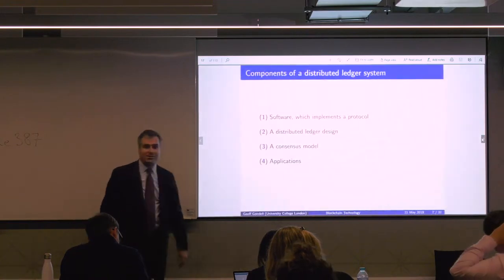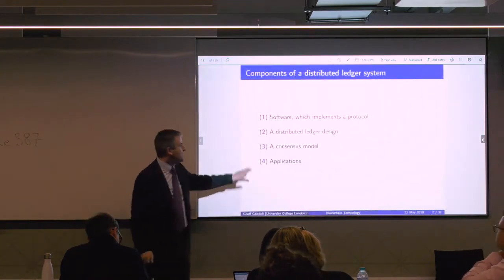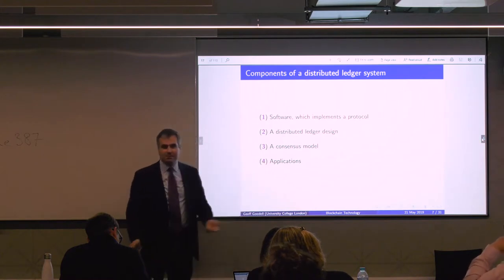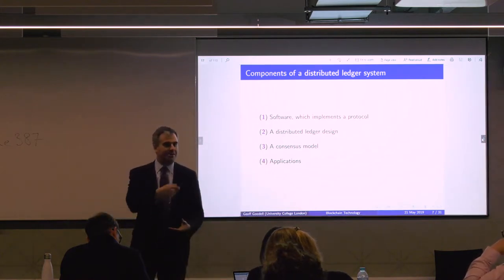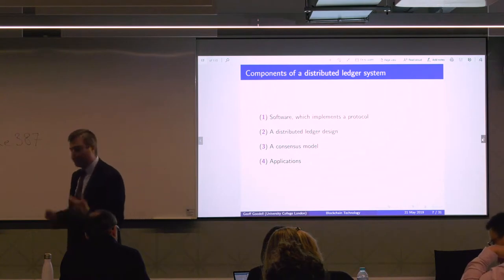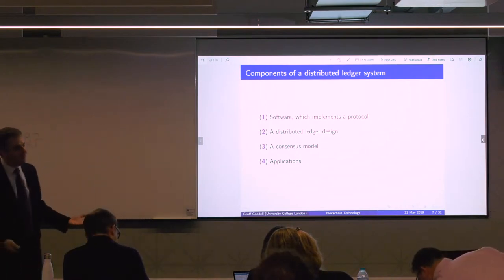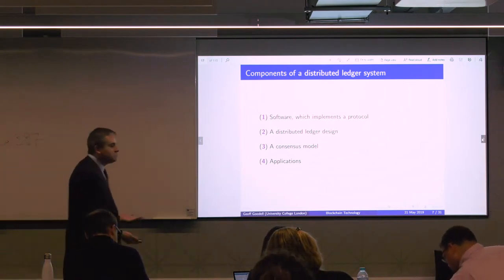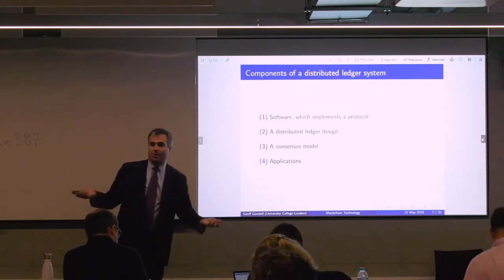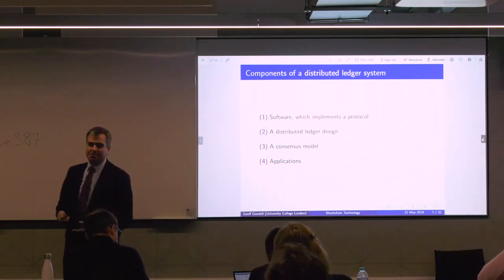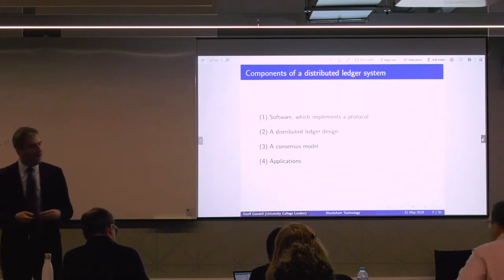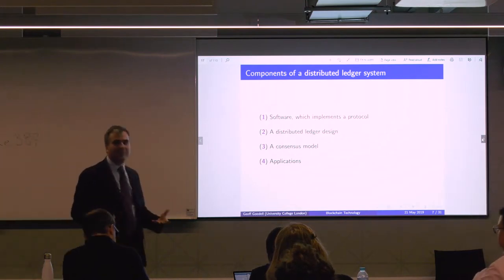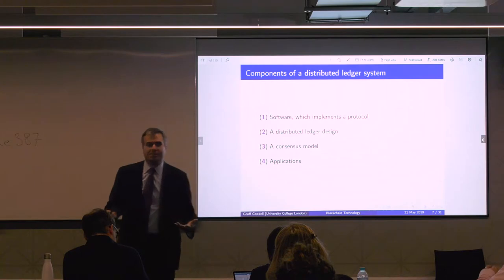And finally, there are applications. Applications that sit on top, or applications of the system. We've talked about this in the context of cryptocurrency, yes, but there are other applications as well. Professor Asti mentioned supply chains. And there are a host of other possible use cases, perhaps medical records, perhaps multi-party negotiations of legal documents.